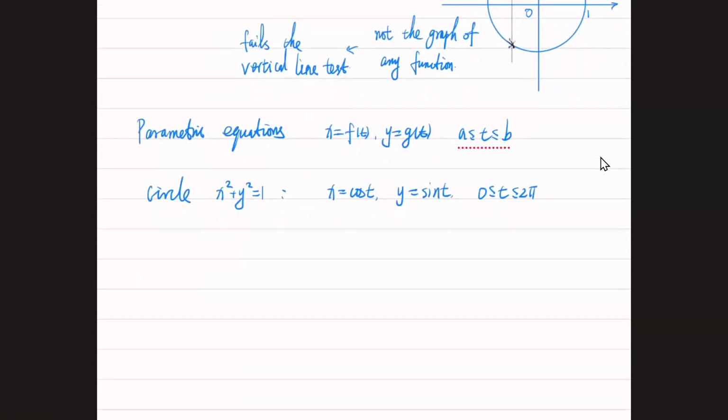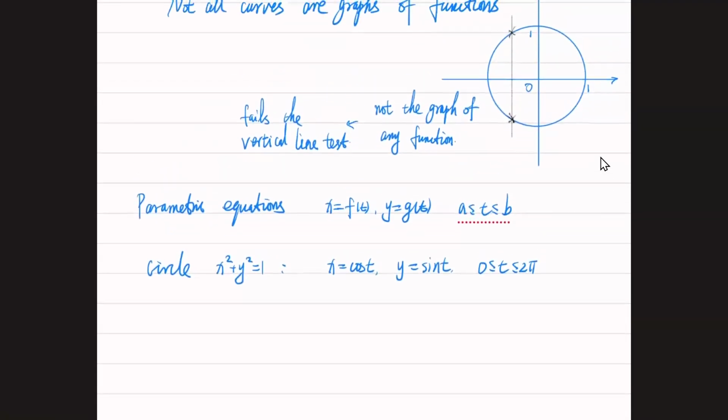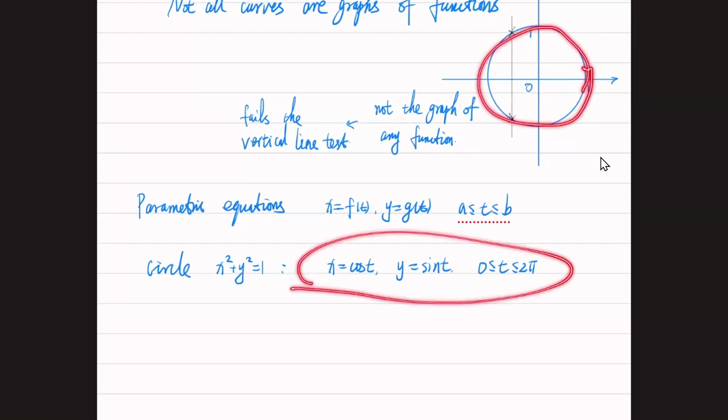We can check this traces the circle, because if we sum the square of x and the square of y, cosine squared plus sine squared, x squared plus y squared equals 1. And as t moves from 0 to 2 pi, we go around the whole circle. This gives us a parameterization of the circle.